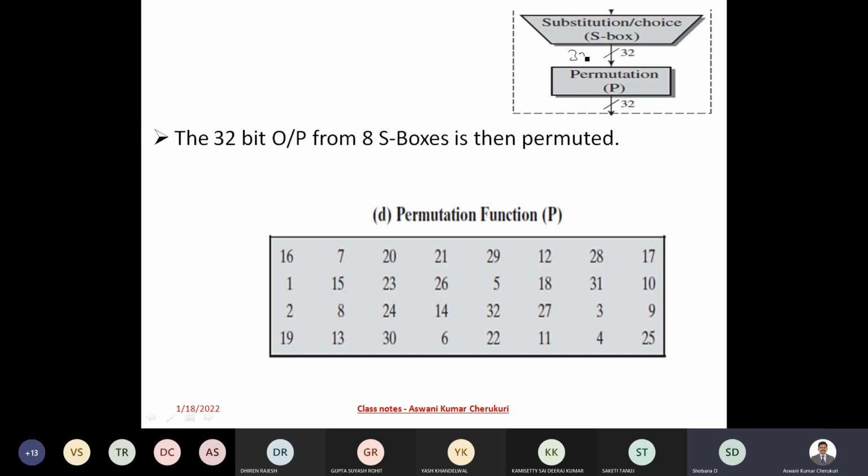The 32-bit output would undergo the permutation operation. Obviously, you have a permutation table called the P table, which says you permute your 32 bits in this particular manner. The output would be 32 bits. It's a simple process. Is there any complexity involved? Do you see any complexity?